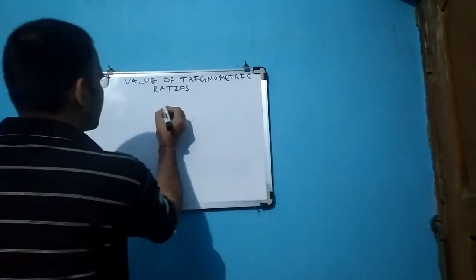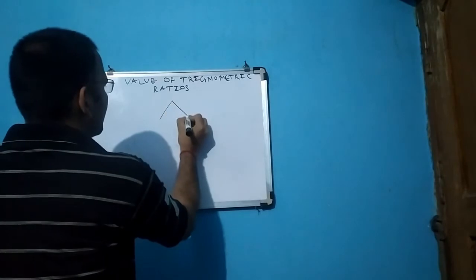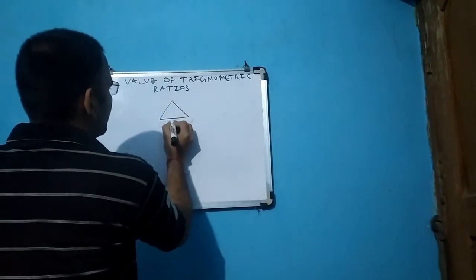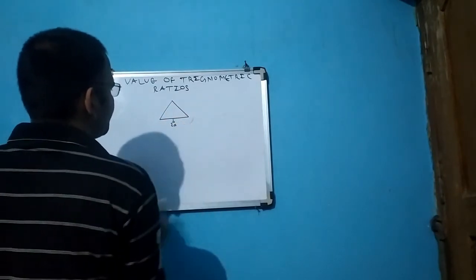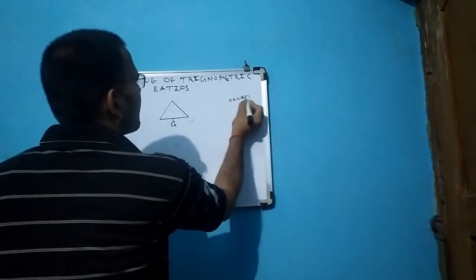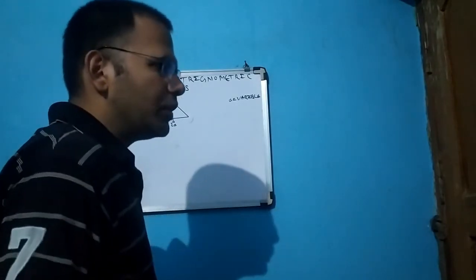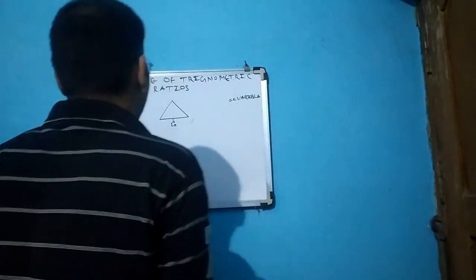Here let us suppose an equilateral triangle of side 2a, where a is some variable that we are going to leave undefined at this point.